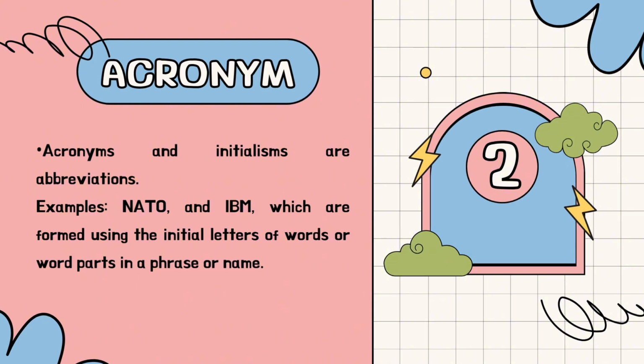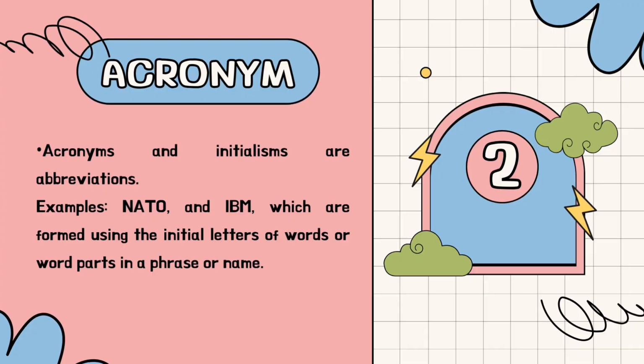So, NATO and IBM, which are formed using the initial letter of words or word part in a phrase or name. Usually, we just use the initial letters of each word and then combine it into acronym. Can you find the other example?